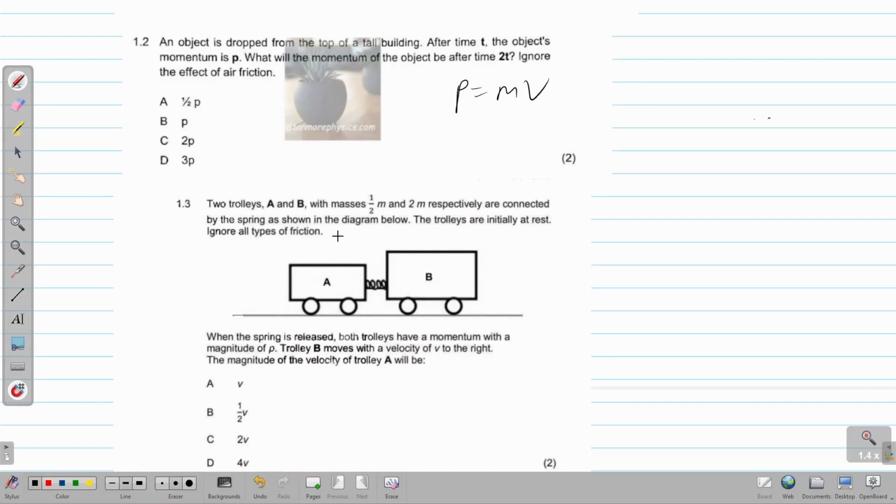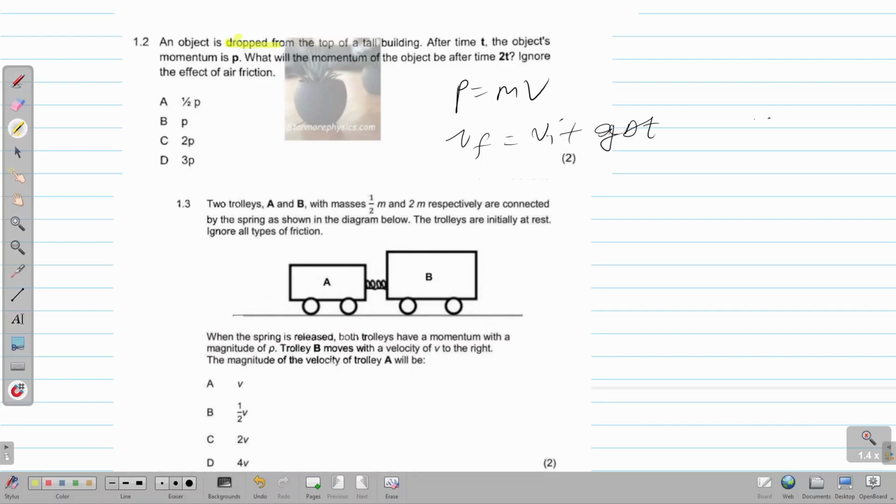The momentum is mv. So the equation that we will want to select is the one that relates velocity and time, and that equation is v final equals v initial plus acceleration, which we'll call g, times delta t. Let me highlight also here that the object is dropped.